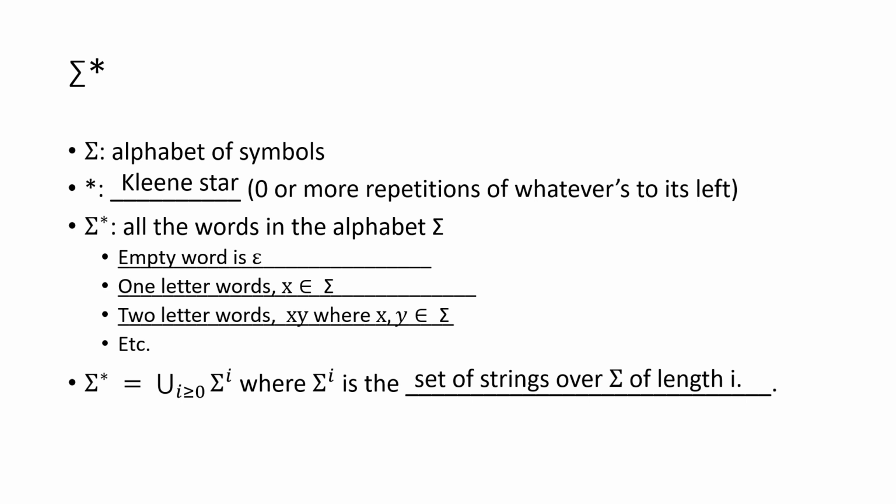Two-letter words would be sigma to the 2, and so on. Right? So this slide is here just to introduce you to the character star and to know what it means in context. And with this starting to make sense, we will be able to talk about regular expressions and regular languages a little bit more.